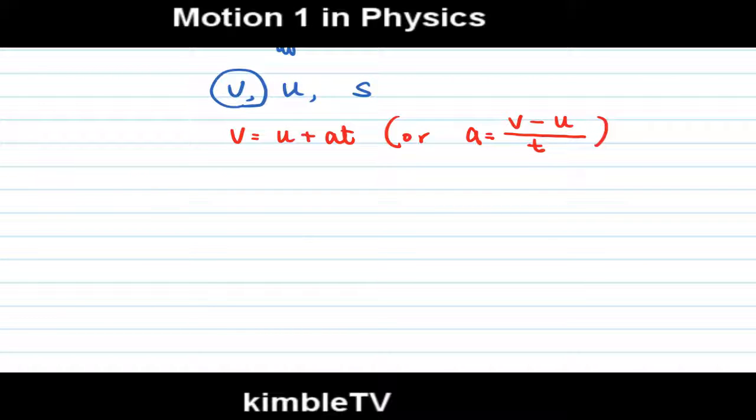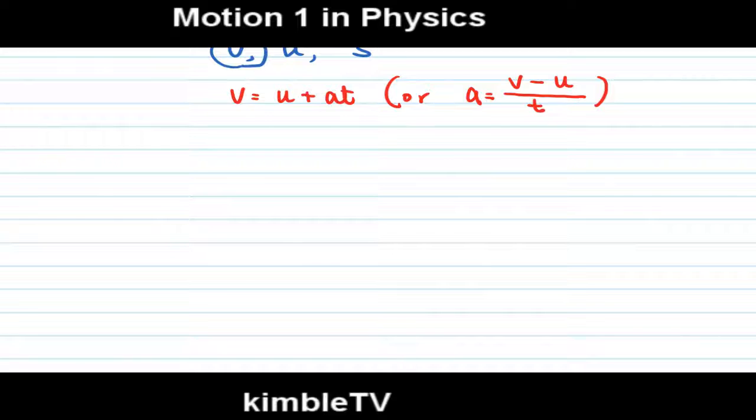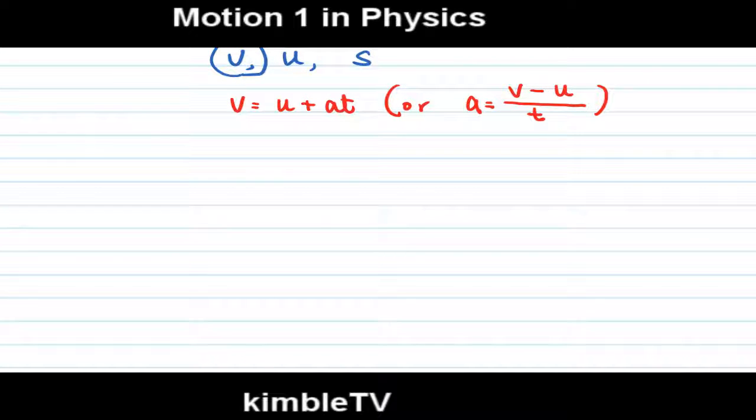Then we must find the formula with the distance s. There are two formulas saying average velocity. One is average speed, distance over time taken. The other average speed, final velocity plus initial velocity divided by 2, same average distance.